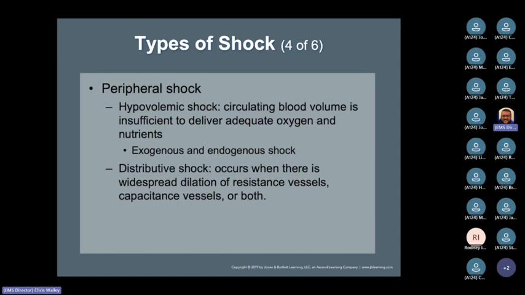So hypovolemic shock, the circulating blood volume is insufficient to deliver adequate oxygen and nutrients to the body. There are two types of hypovolemic shock. You have your exogenous and the endogenous. Distributive shock can occur when there is a widespread dilation of the resistance vessels, the capacitance vessels, or both.